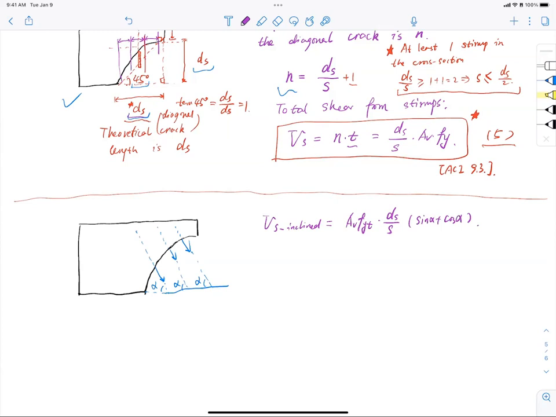So that is the inclined stirrups. You add this term at the end to represent the effect of the inclined stirrups. So that is how much contribution you have from the reinforcement.